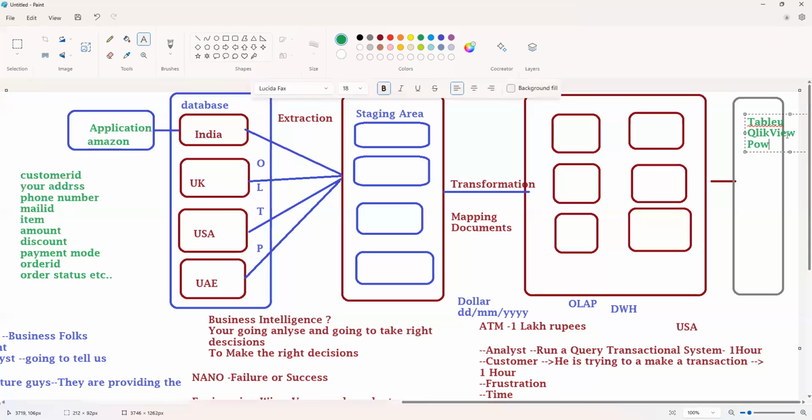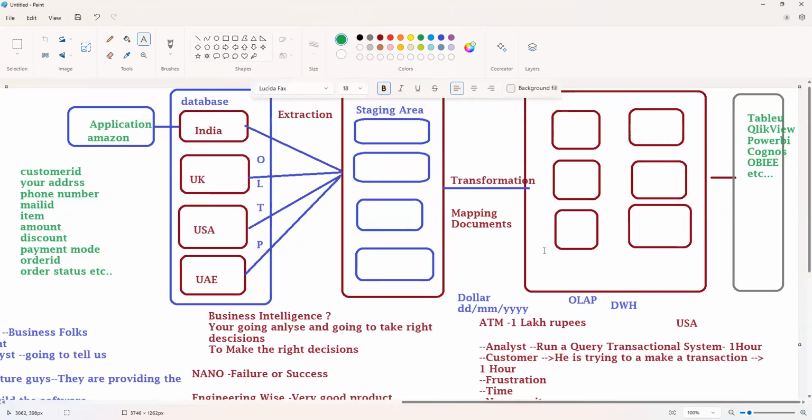Cognos, OBIEE, Oracle Business Intelligence Enterprise Edition, etc. There are around 20 plus tools available. Once you prepare the data, these people will access it and visualize the data in the form of dashboards and reports.